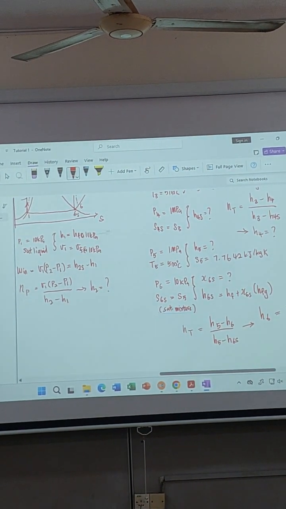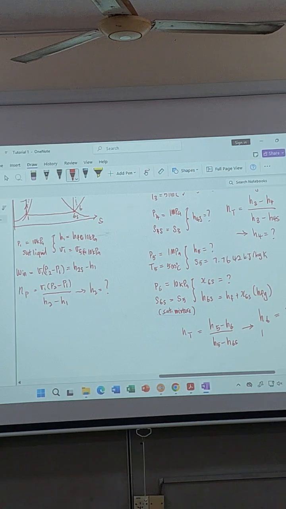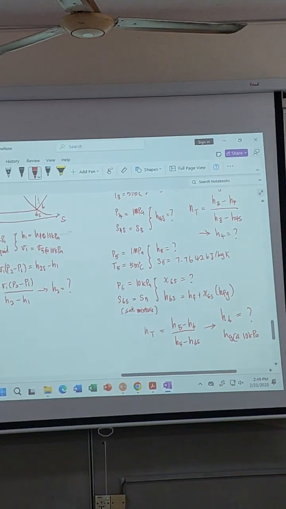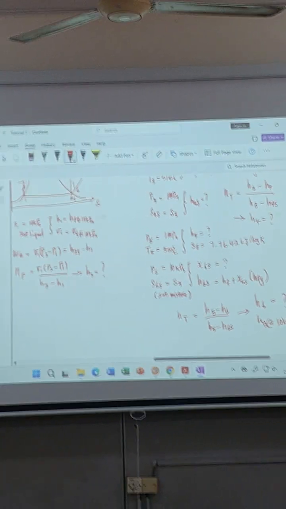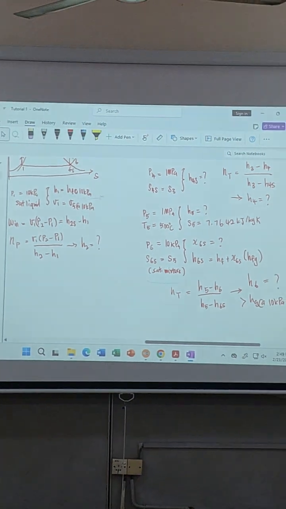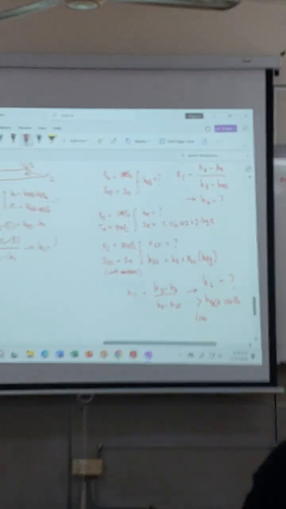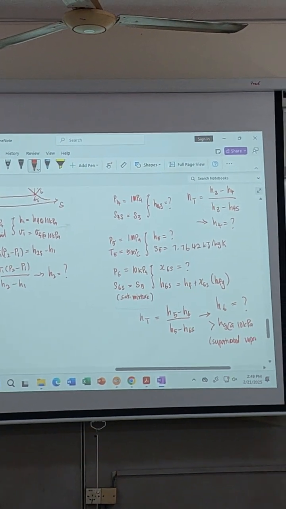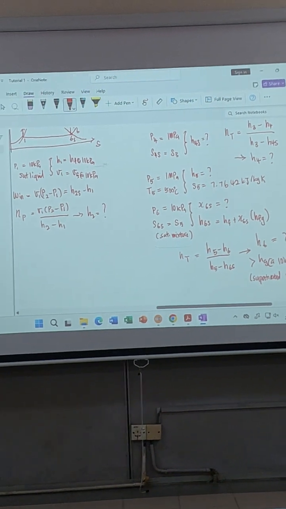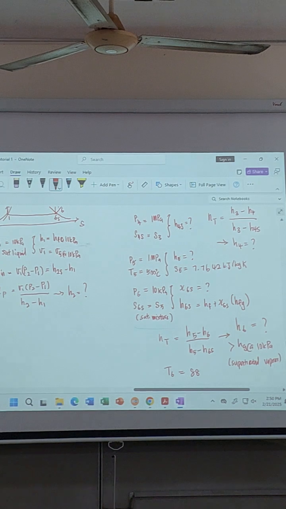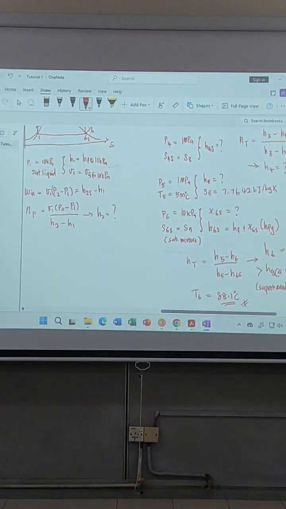Now this H6 value, when you compare to Hg at 10 kilopascal, you will have exactly the same case as I was trying to tell you. You will see that it is actually a higher value than this. So meaning H6 is actually a superheated vapor. So in this case, if it is a superheated vapor, then you check what is the T6 value. So T6 value is this value, which also means that you need to interpolate.